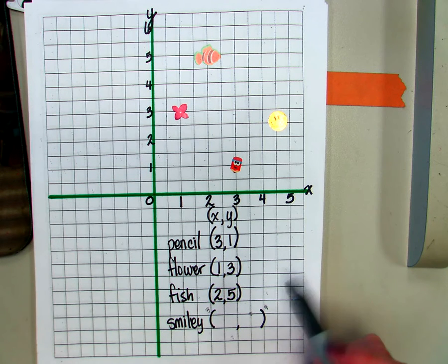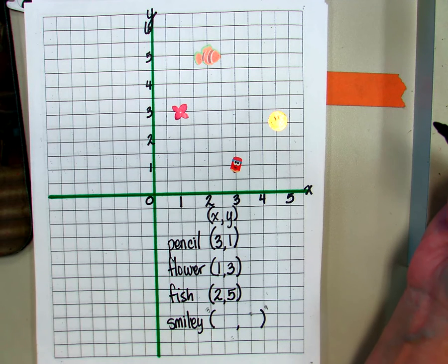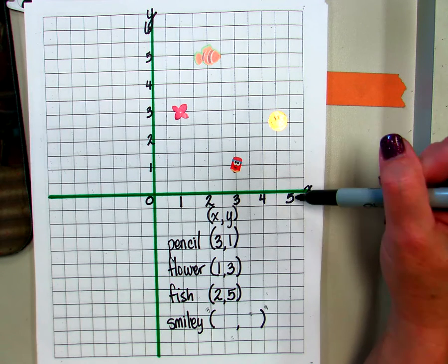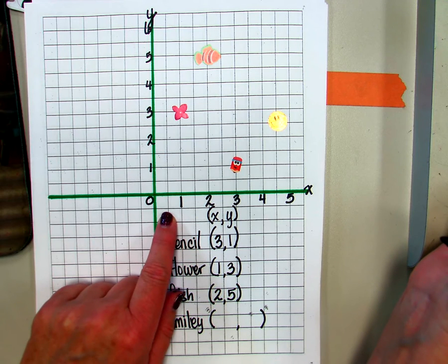Now, the smiley face. I'm going to pause the video. This is a little tricky, but I think we're going to pause the video and talk about smiley face. Okay, kiddos, you have an understanding of what's happening here between the 4 and the 5? It's a benchmark fraction, isn't it?